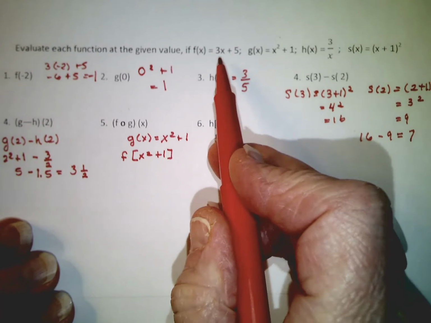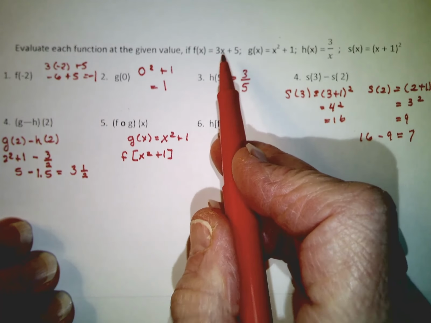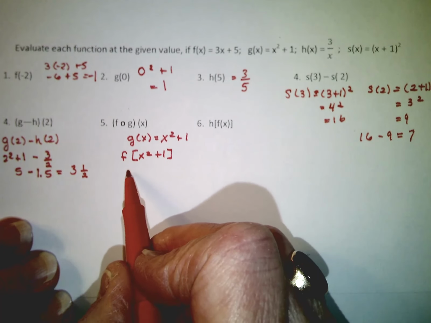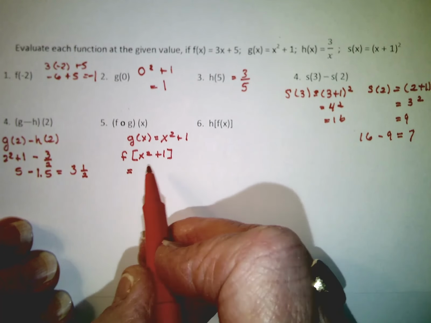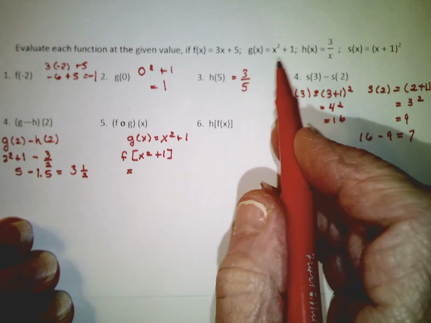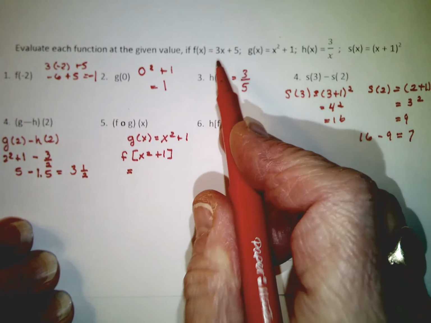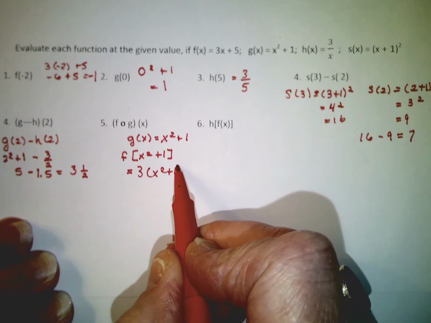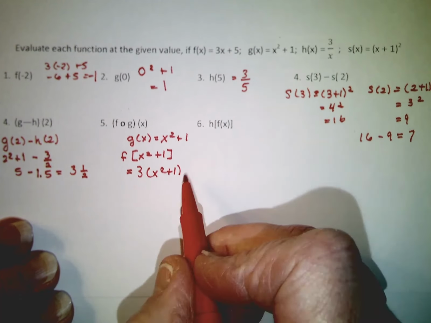Wherever we see an x in the f function, we substitute x squared plus 1. So instead of 3x, we're going to have 3 times x squared plus 1, plus 5.